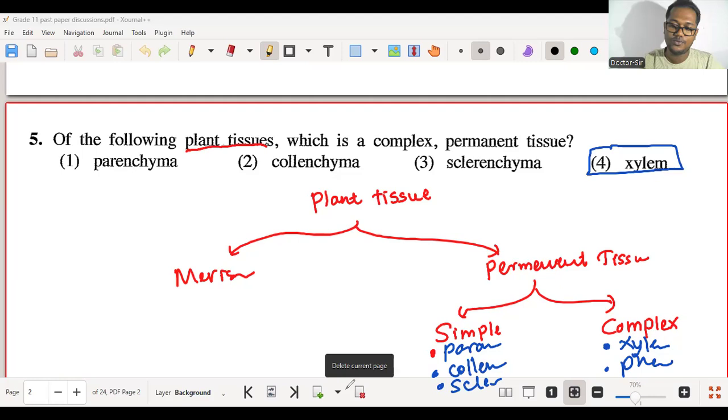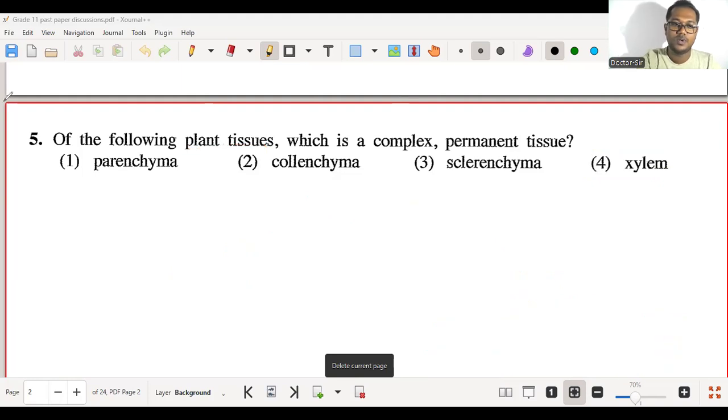Now tell me how many of you got the correct answers. You can raise your hands. Yes, super. Most of you got the correct answers. I think this is regarding your first lesson in O level, grade 11. Now we will move on to the next part.